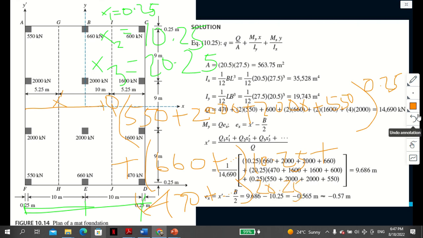All that should be equal to Q, the addition of everything, 550, 2000, 2000, 550, 660, all this, times X bar.